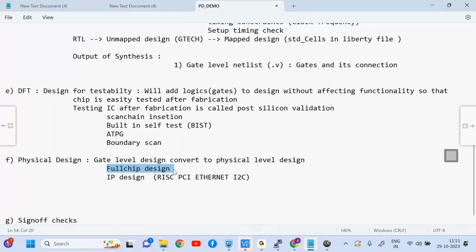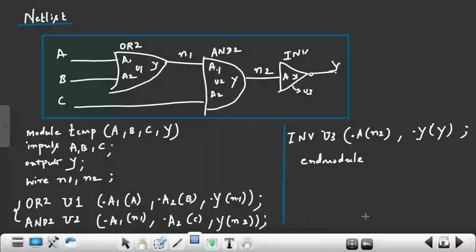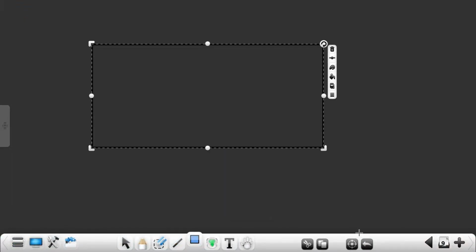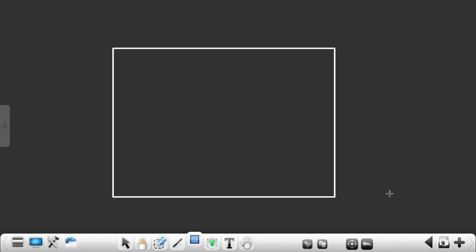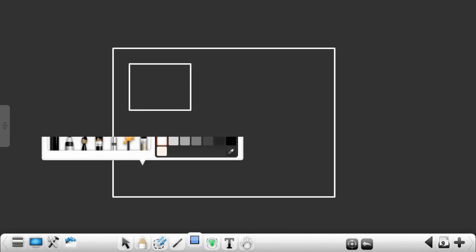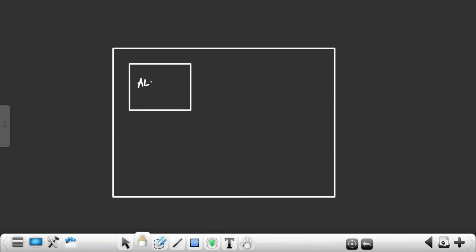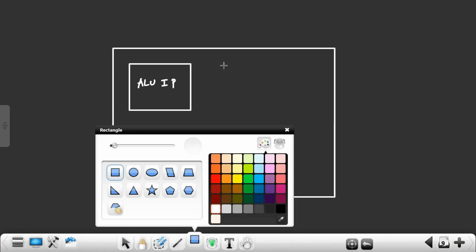Right? Full chip level designers will not worry. For example, if he wants to implement a processor, what will he do? He wants one ALU, so you purchase ALU IP, arithmetic logic unit IP. I am just telling in basic terms.